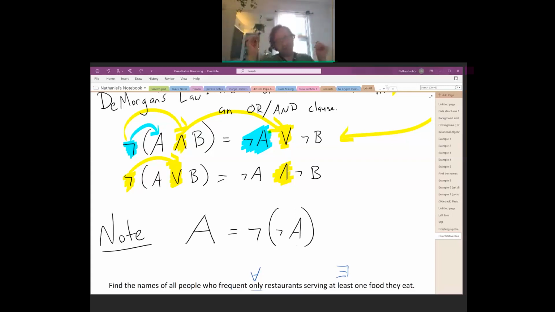So if the statement A is today is Monday, taking the double not of that would be saying it's not true that today is not Monday, which is a very long-winded way of saying that today is Monday. It's an obvious thing, but fine.